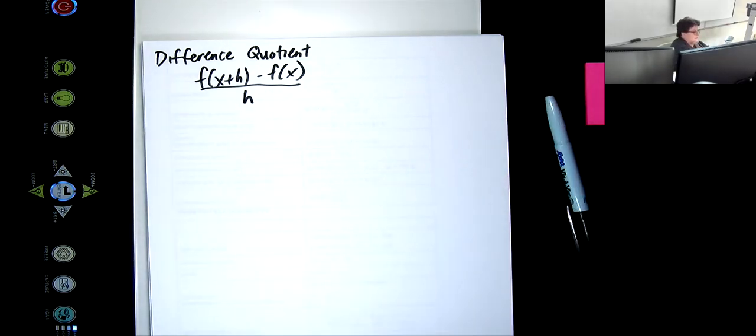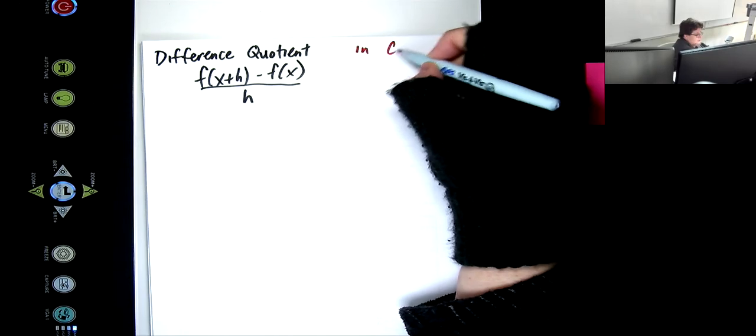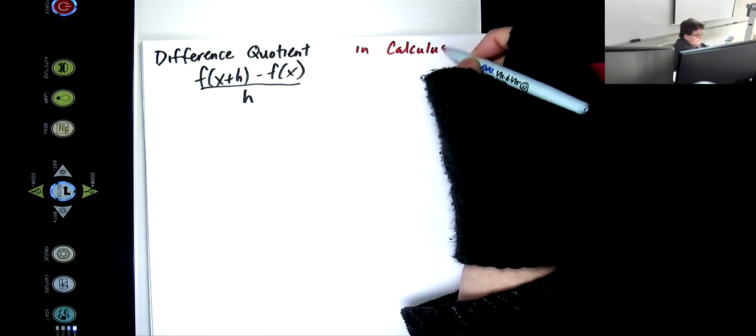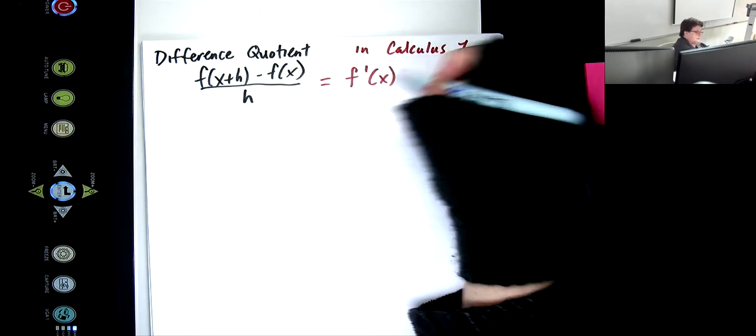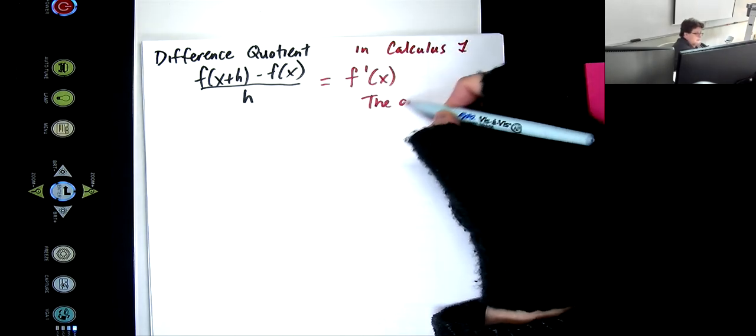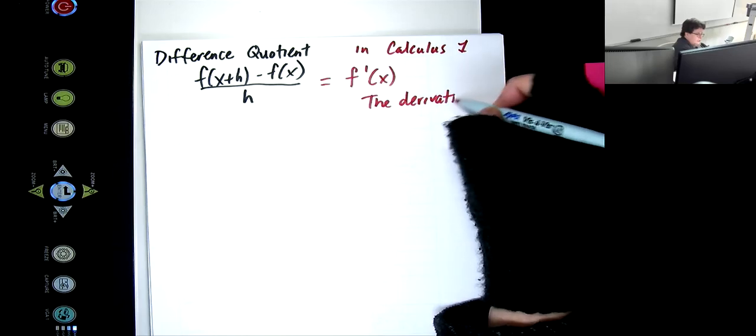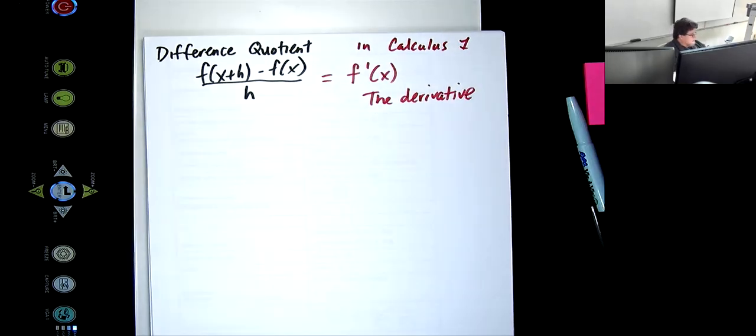When you get to calculus 1, this is the definition of the derivative. But it's all calculated doing some basic function work.